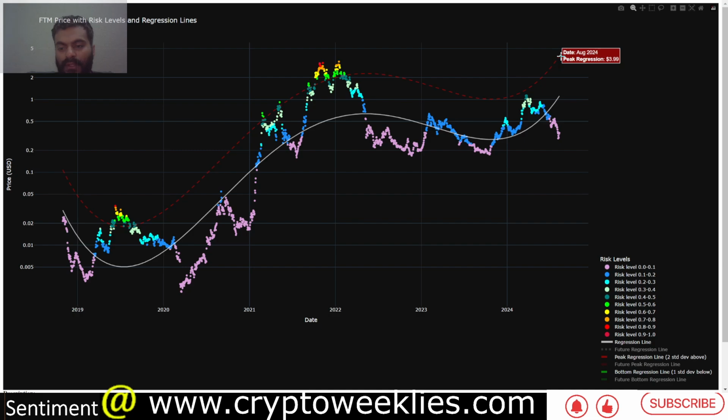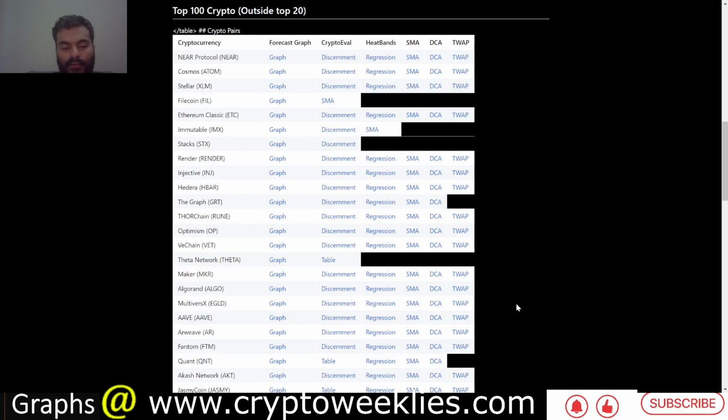Also with the non-linear relationship between time and price, at this point in time the peak regression valuation is at around $4, and the current risk level is at 0.03. So this is one way to understand if Fantom is a good buy right now, or a good sell right now.